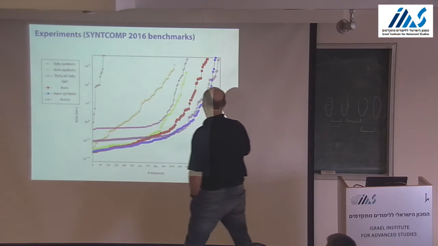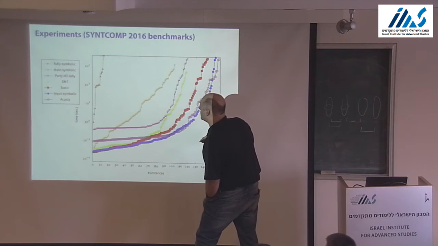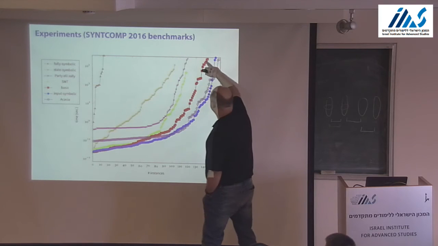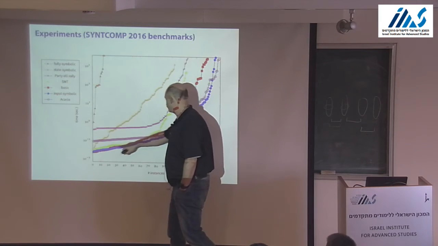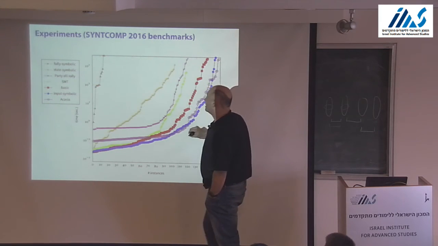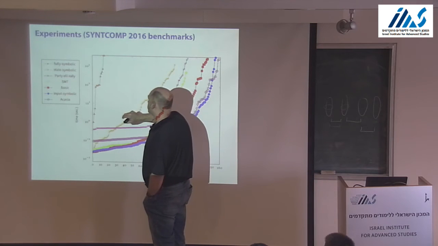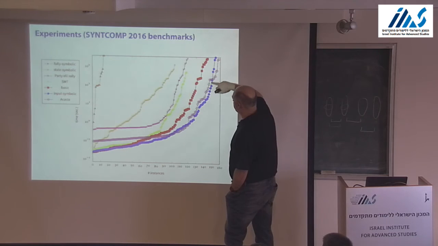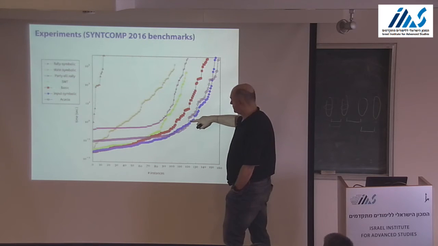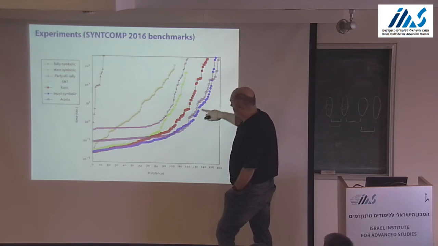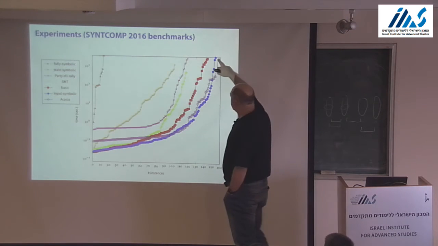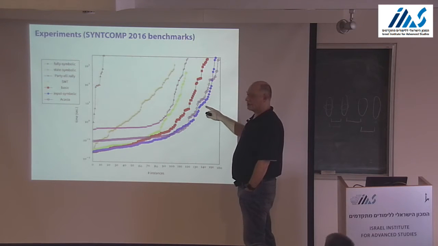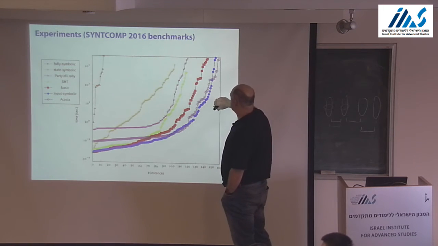So we have the basic, this is the set solver, the red one. Then we have the input symbolic encoding. So this is QBF. You see that QBF is at least as good as Acacia.